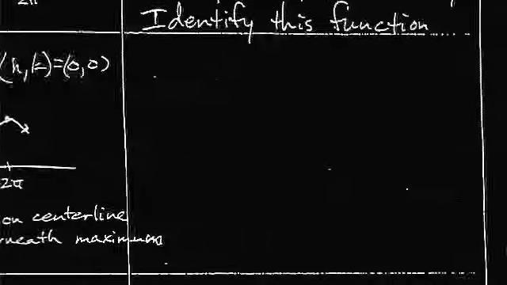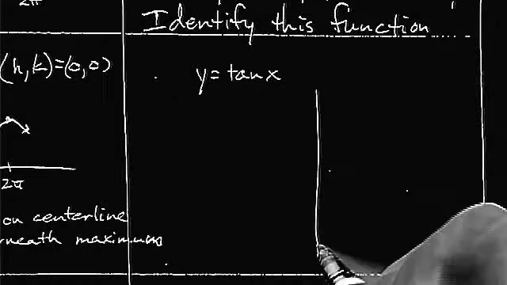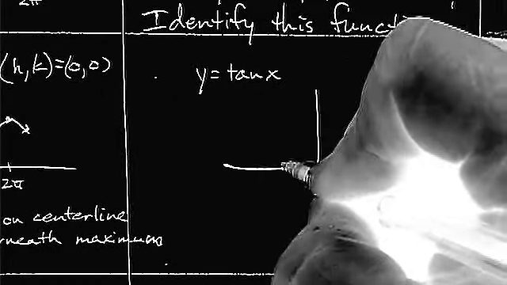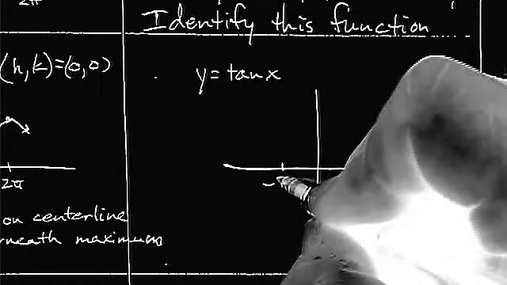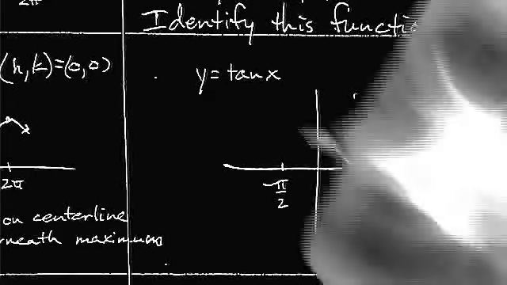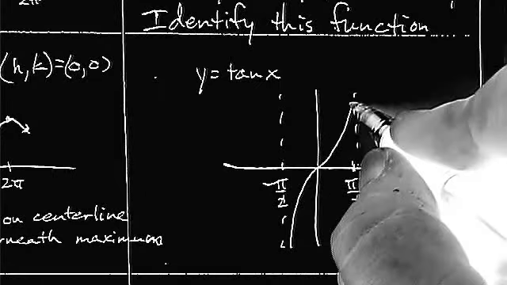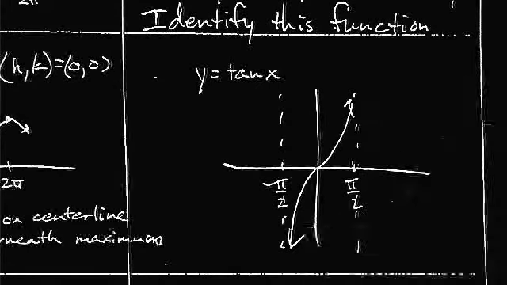Well, what happens with a basic tangent function? Where, in terms of h's and k's, we know that at negative pi over 2 and positive pi over 2, we have these asymptotes to the graph, right? I'm just going to look at one of these cycles. I'm not going to draw a bunch of them. Whoops. Almost crossed my asymptote. Whew! That was close.